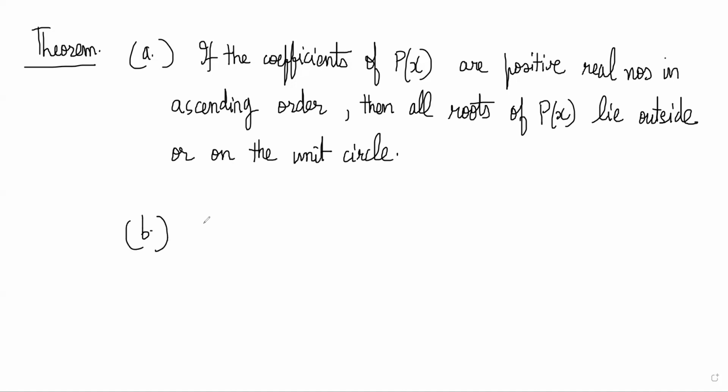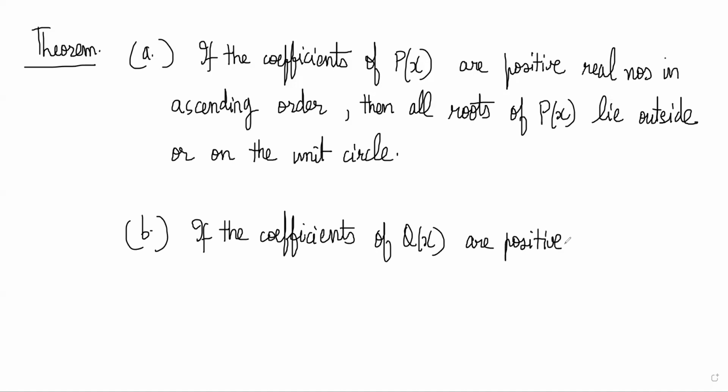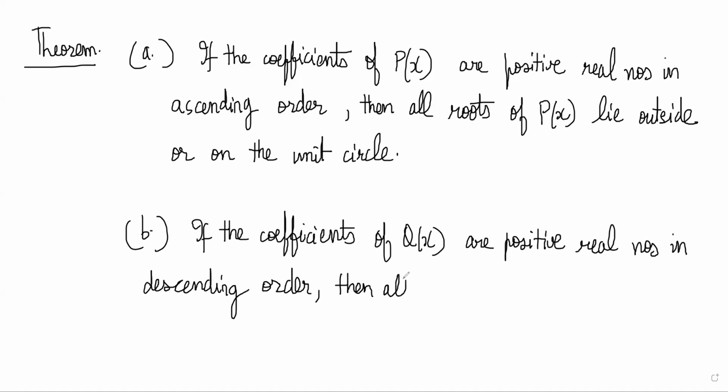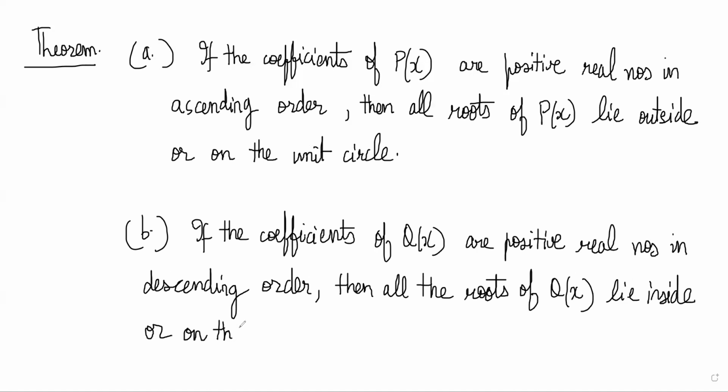And the corollary to this is, if the coefficients of q of x are positive real numbers in descending order, then all the roots of q of x lie inside or on the unit circle.